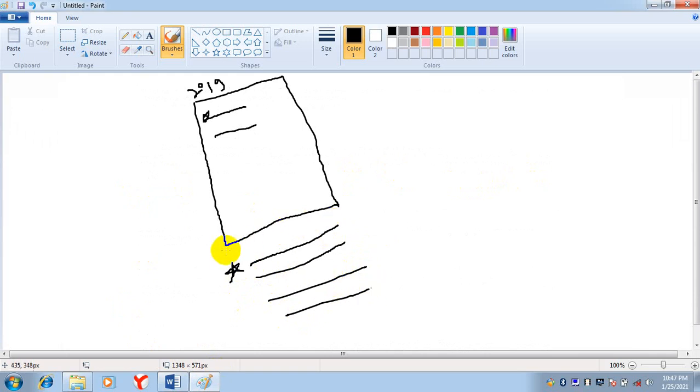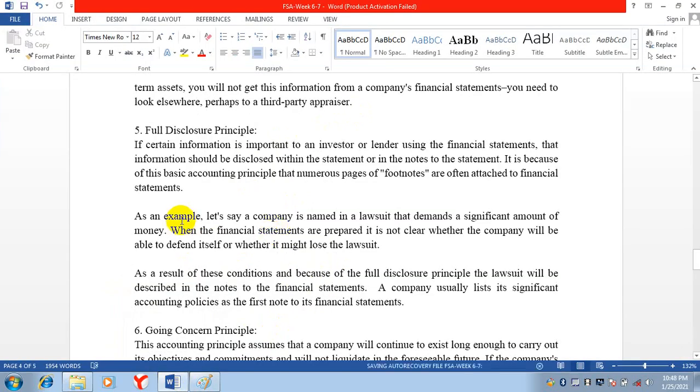These notes are called footnotes, and we call it disclosure. We are disclosing important events. So according to this principle, any important event in a financial statement must be disclosed in the footnotes below the financial statements.